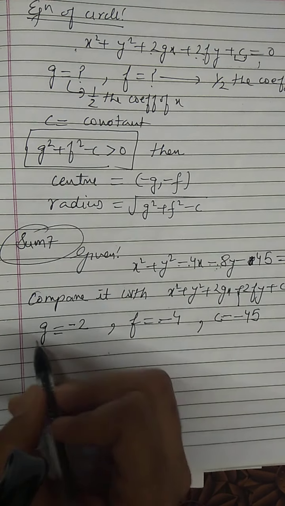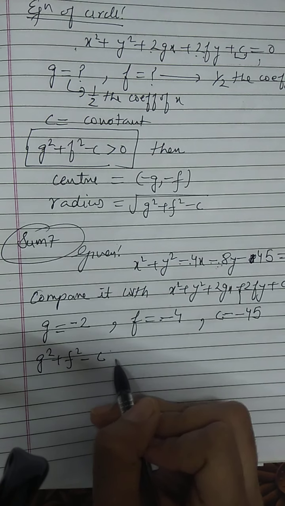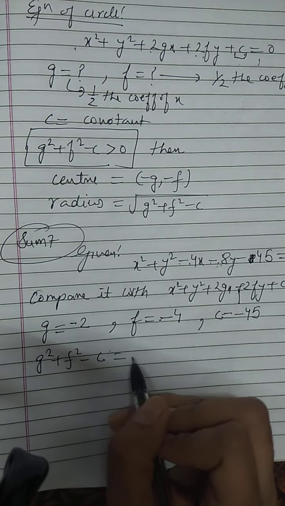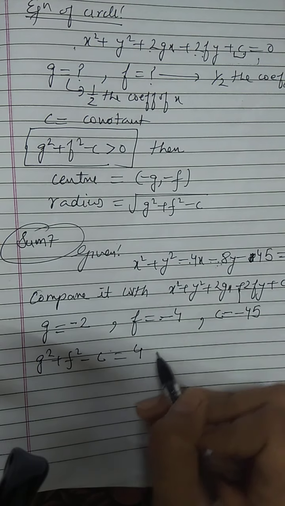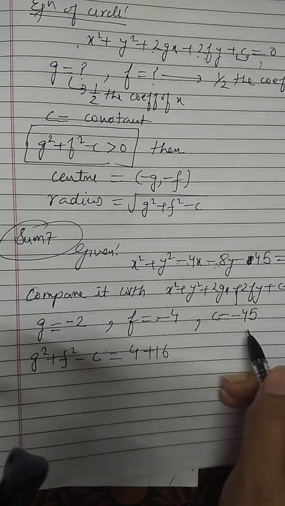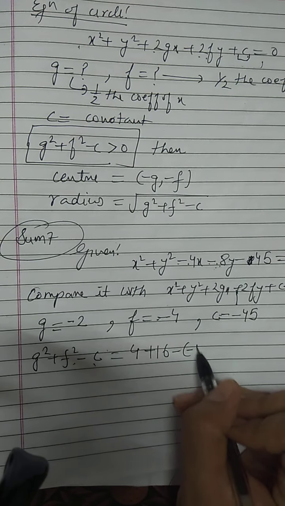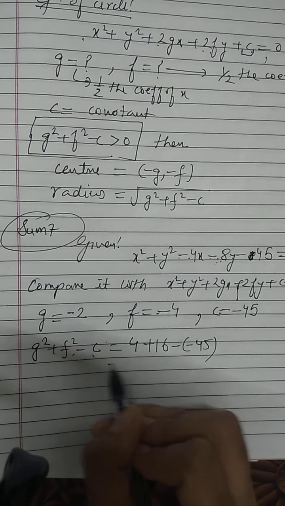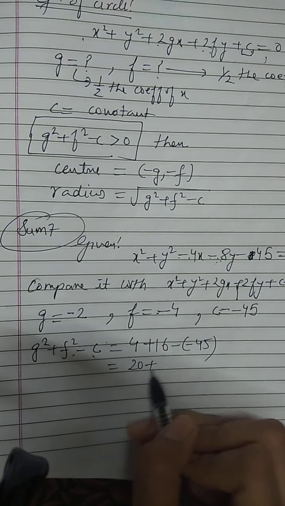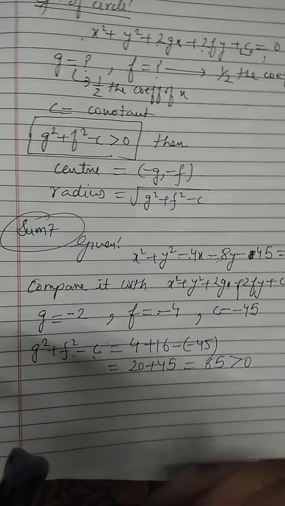Right, now we will check g square plus f square minus c. That is equal to 4 plus 16, and for minus c, so minus of minus 45, we get 20 plus 45, that is 65. It is positive.